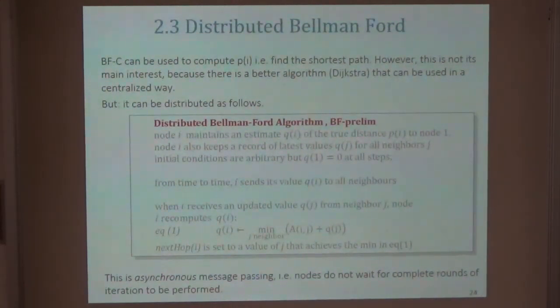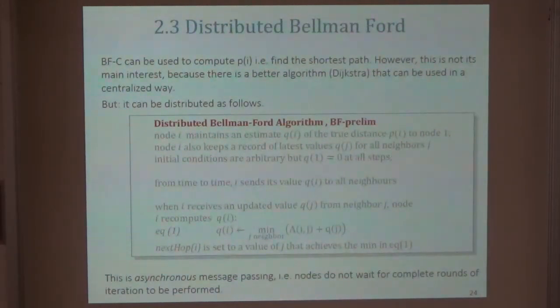So what is the algorithm itself? Well, the algorithm itself, which I call distributed Bellman Ford prelim, because it's only a preliminary version. We'll see that we will need to optimize it to make it the distance vector implementation. It computes its best estimate of the distance to a given destination. From time to time, it sends its value to all neighbors.